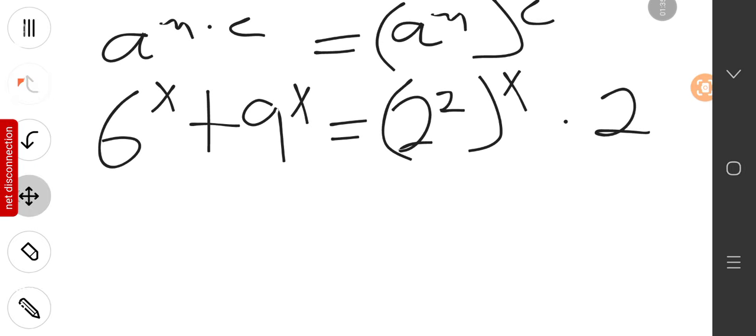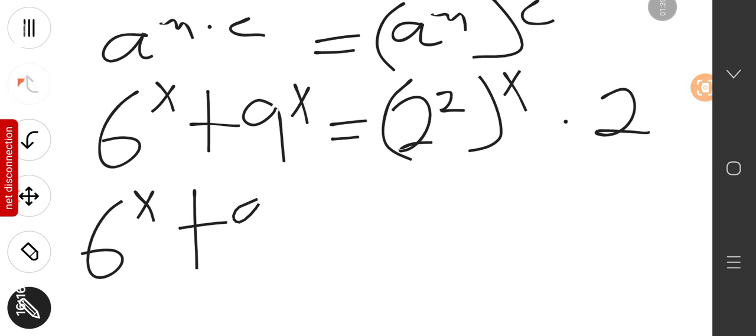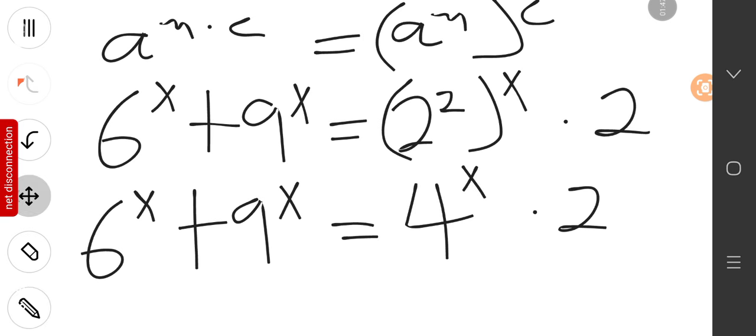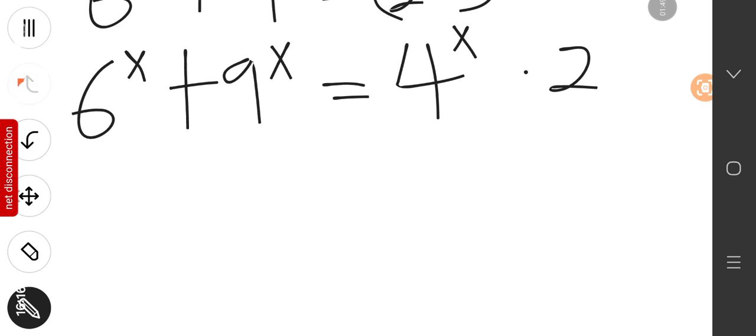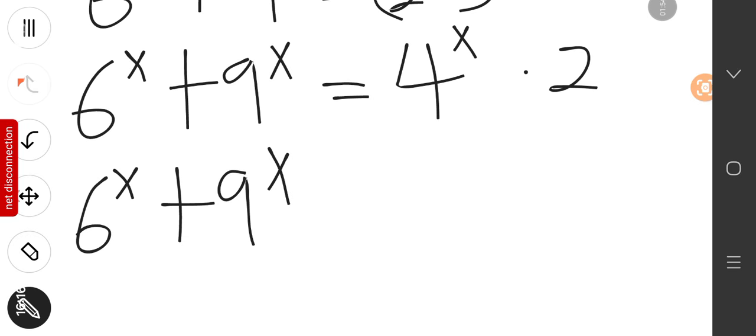Now 2^2 is 4, so we have 4^x times 2. So our equation becomes 6^x + 9^x = 4^x times 2.